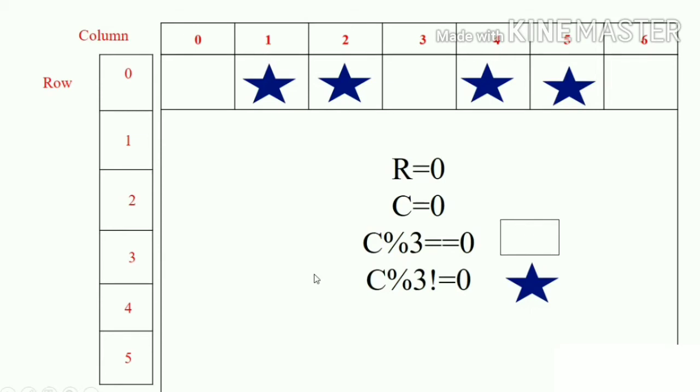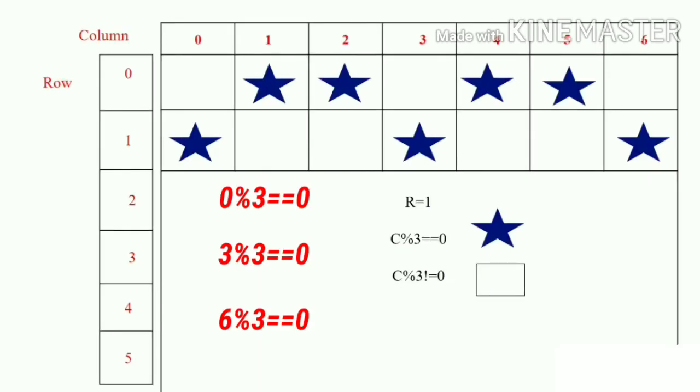Now in the next part, when the row is 1, in column 0, column 3 and column 6 we have to print the star. That means when column mod 3 equals 0, when the remainder is 0 after dividing the column by 3, we have to print a star.